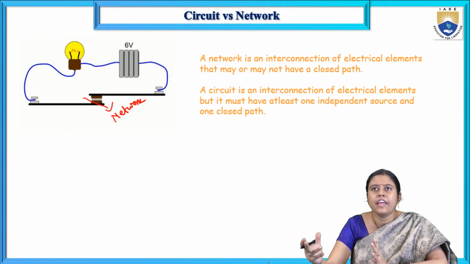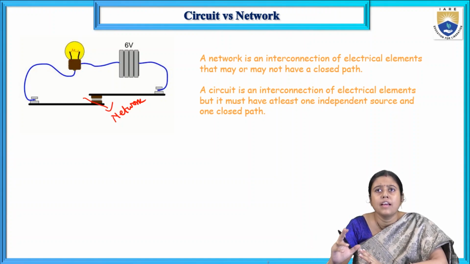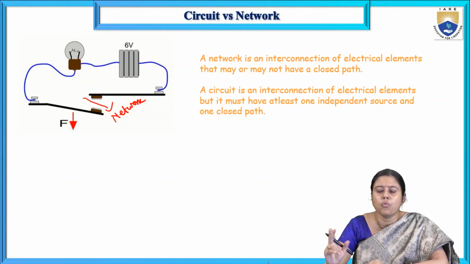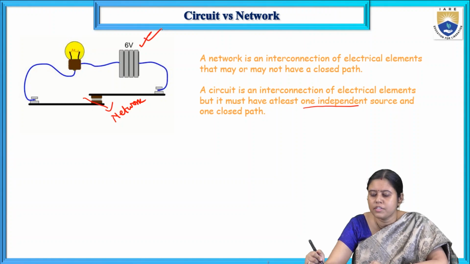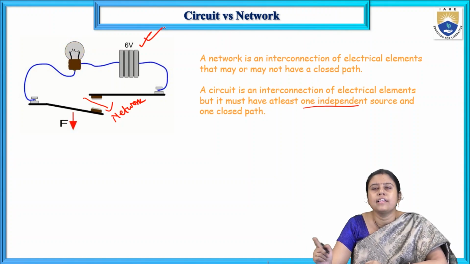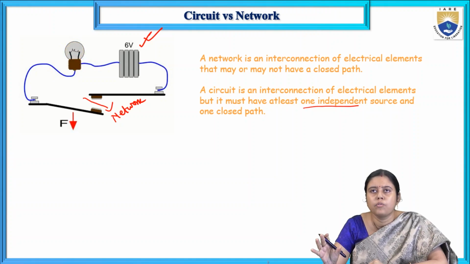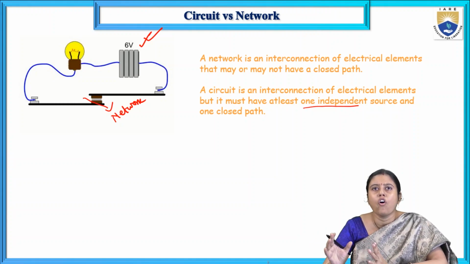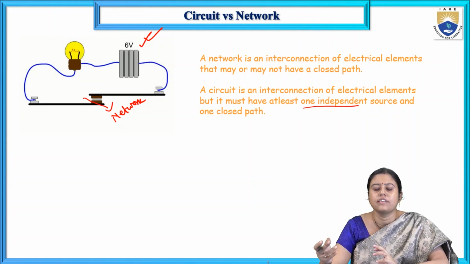On the other hand, a circuit has an interconnection of electrical elements, but it must have at least one independent source. Here you can see this is an independent source, and a closed path, then only we can tell it is a circuit. So we can tell all the circuits are networks, but all the networks are not circuits.